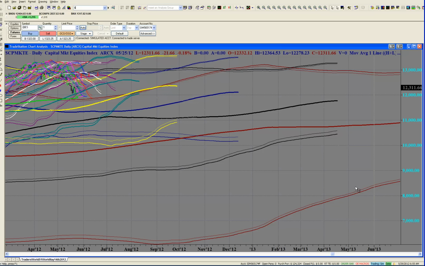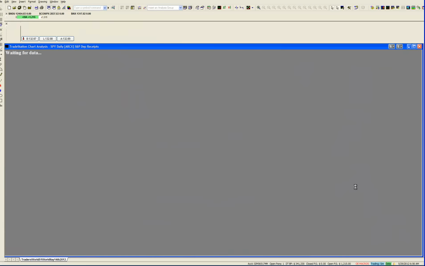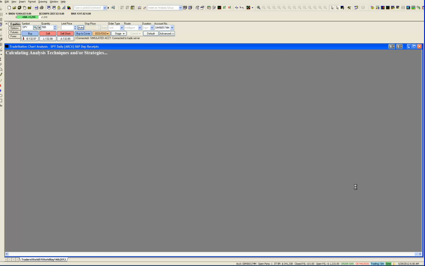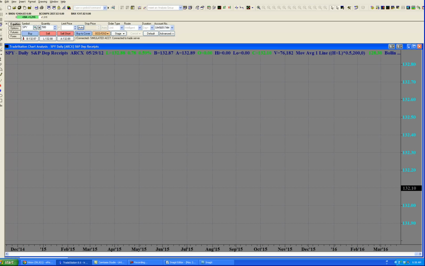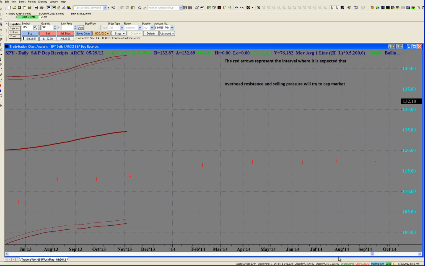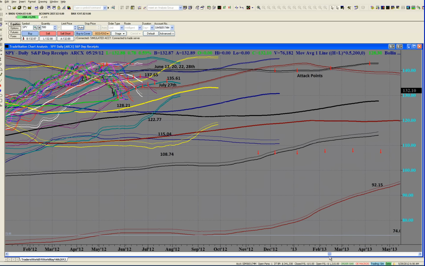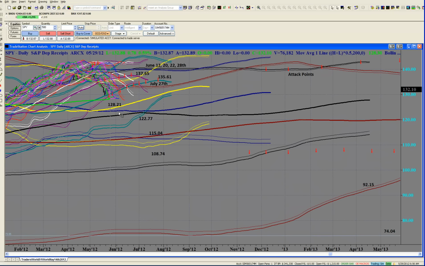Now what I'm going to do is take us over to the SPY, which is the exchange traded fund for the S&P 500, and what you are going to see over here is a very dangerous situation that has emerged.